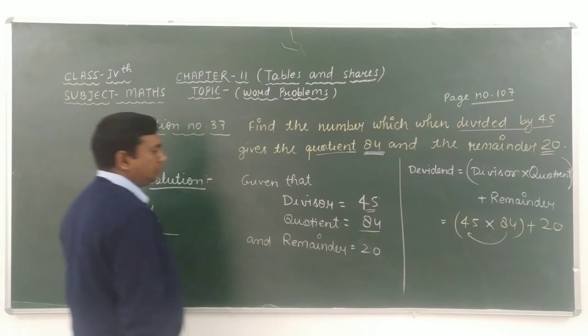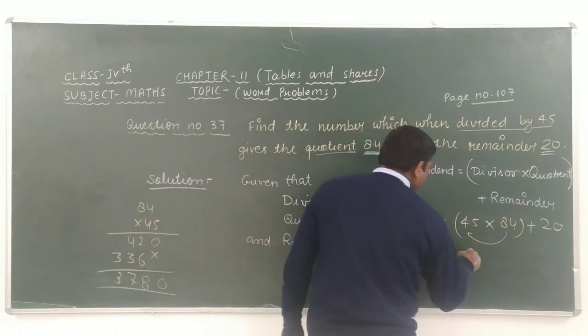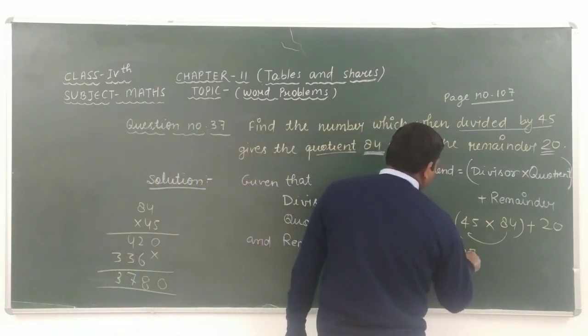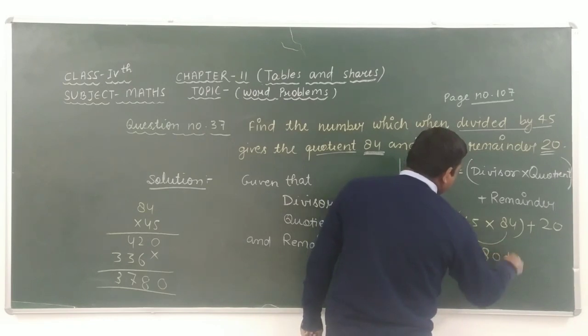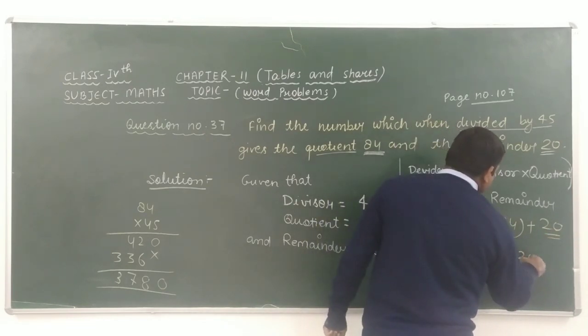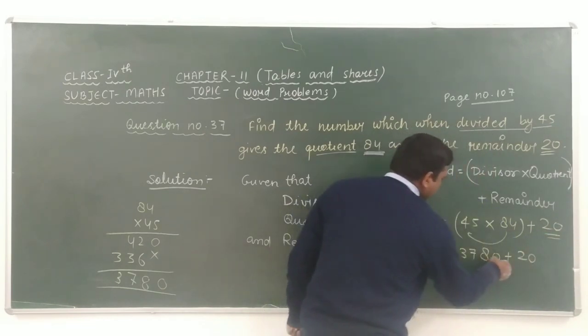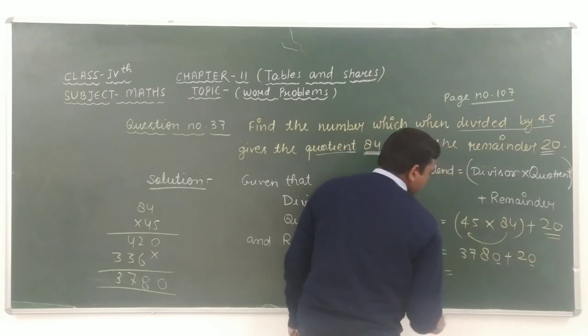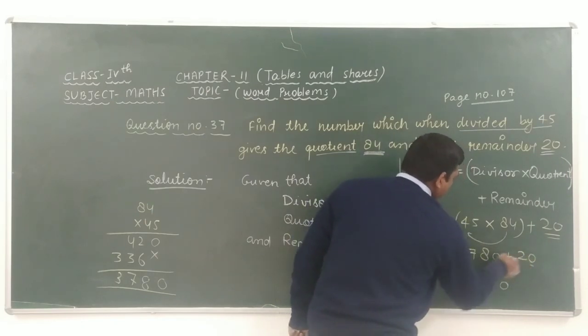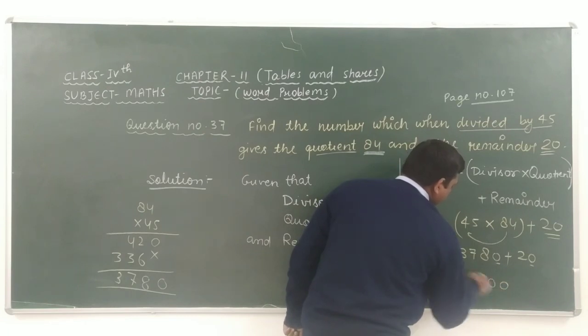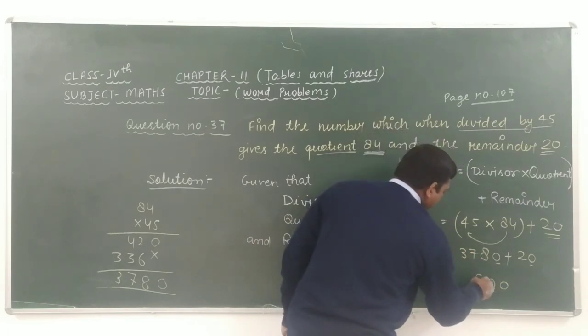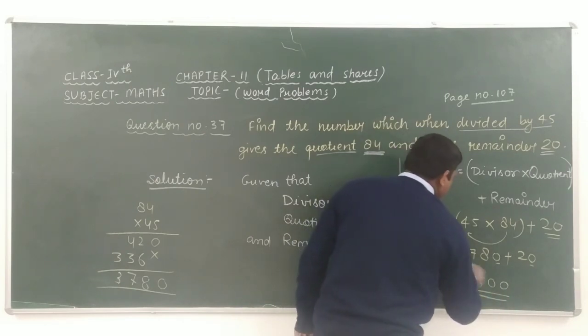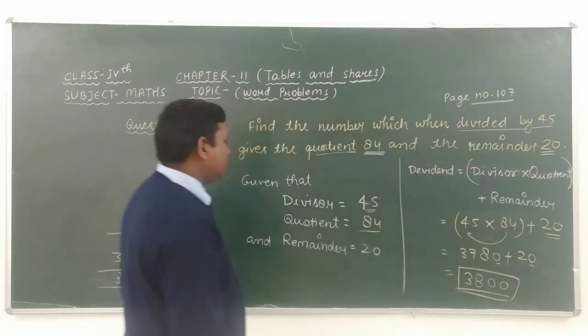And here we can write 3780 plus 20. After adding these we get 0 plus 0 is 0, 2 plus 8 is 10, write 0, carry 1, 7 plus 1 is 8, and here 3, 3800.